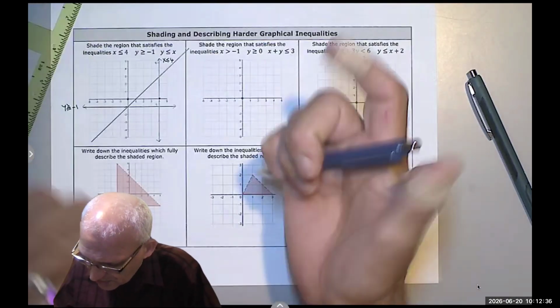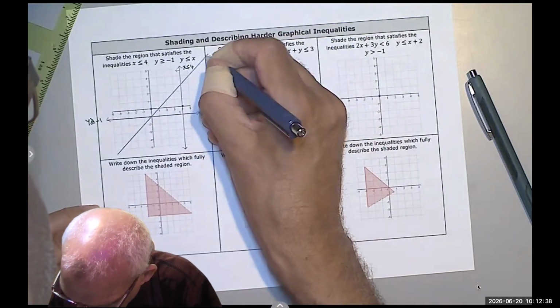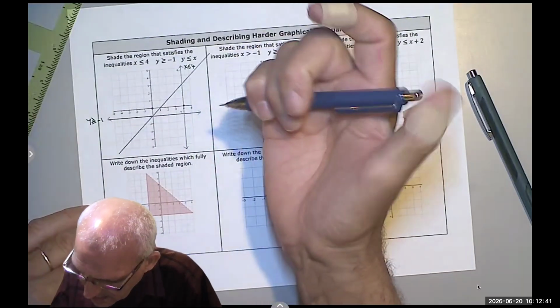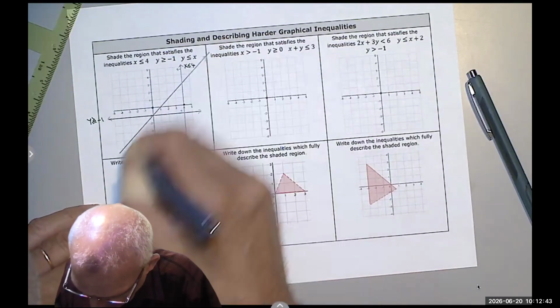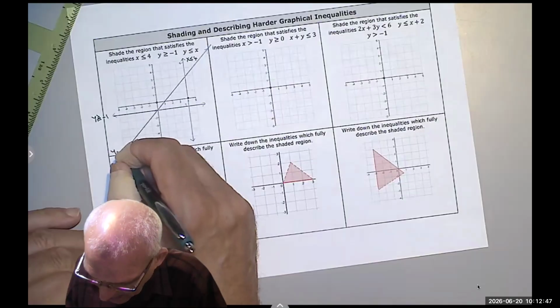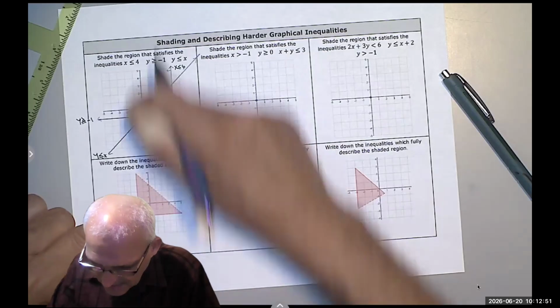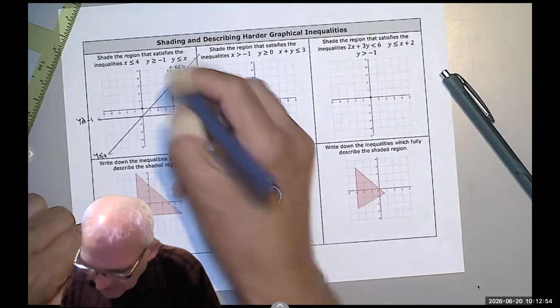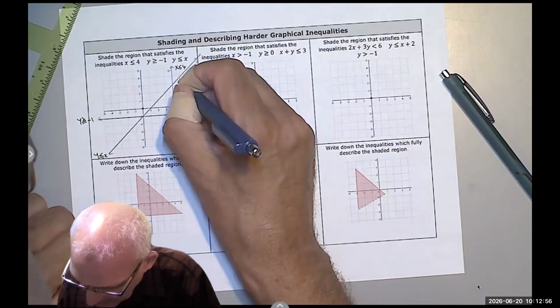And the third one is y is less than or equal to x. The y, the vertical, is less than the horizontal, so I have to go down.